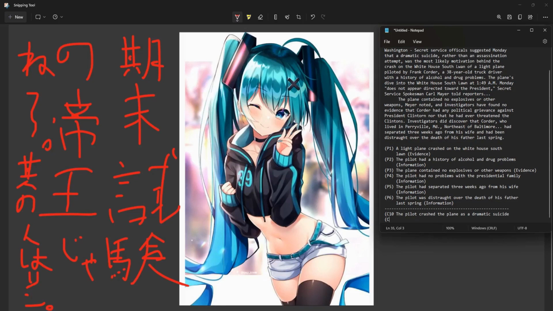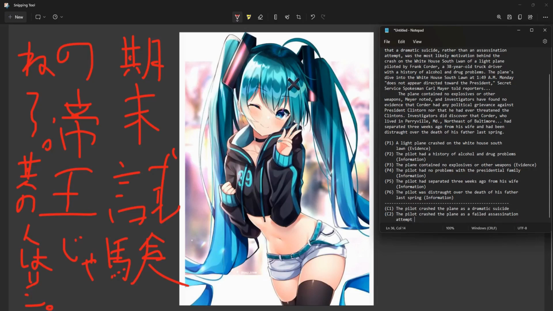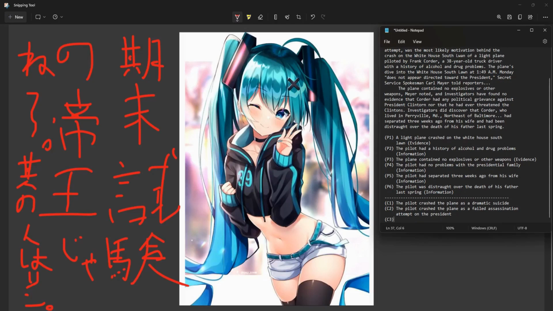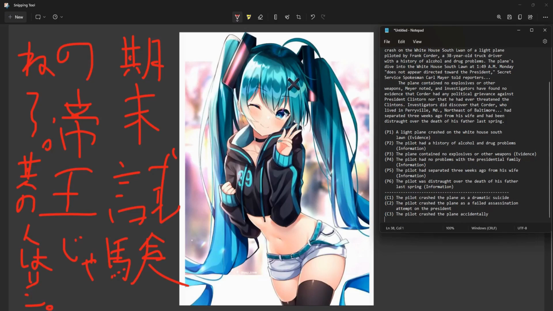C2 is the pilot crashed the plane as a failed assassination attempt, and then C3 is the pilot crashed the plane accidentally. Oh, cool! Those were the three I did. So I got this one right. Now we have to evaluate these.